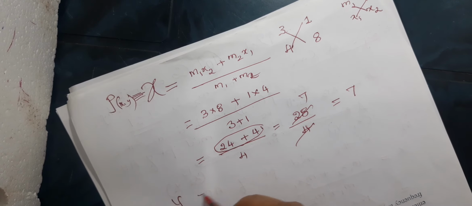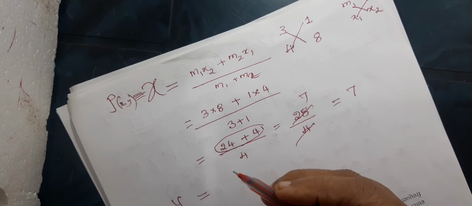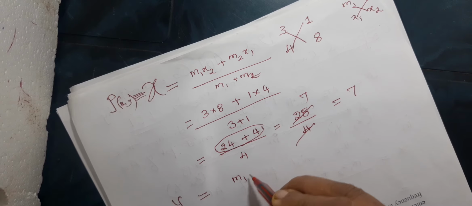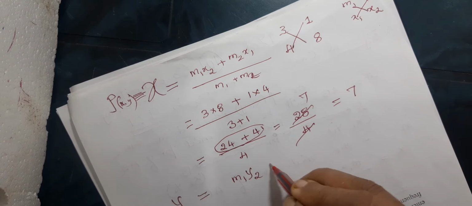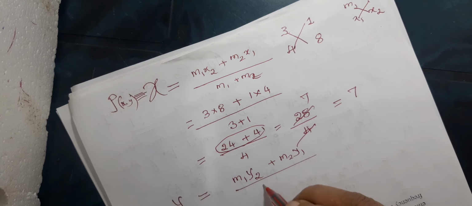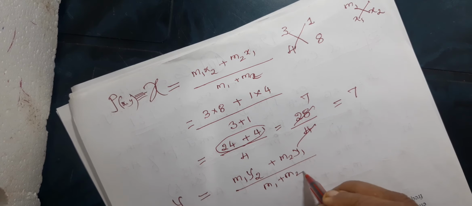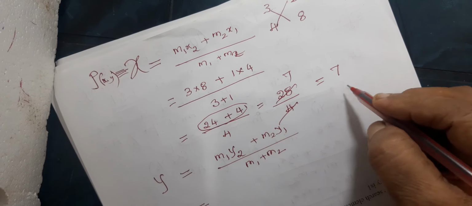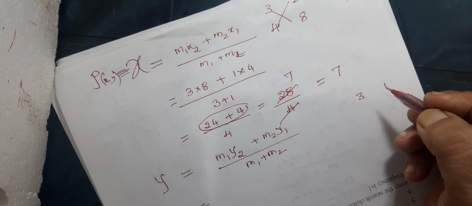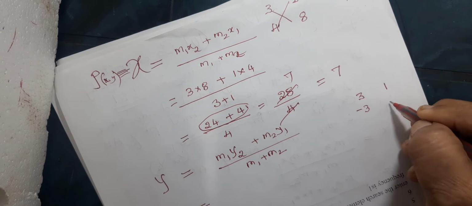Now y is equal to, because they are asking the coordinates of that point P. So y coordinate I have to find, I will write the formula (m1 y2 plus m2 y1) by (m1 plus m2), which is equal to, for this also I will just write 3, 1, minus 3, 5.